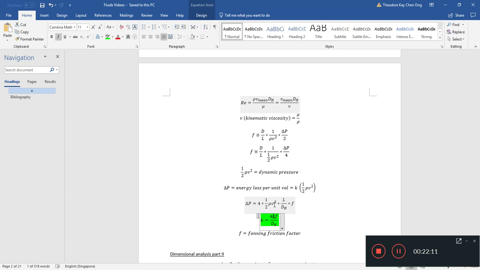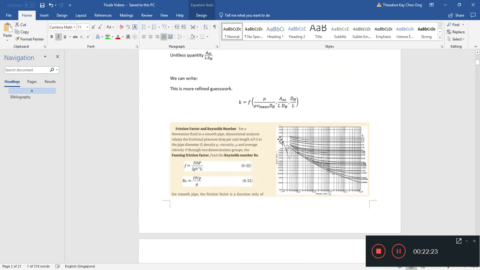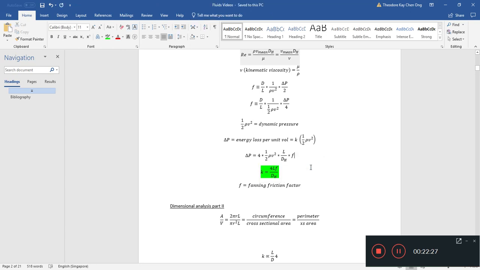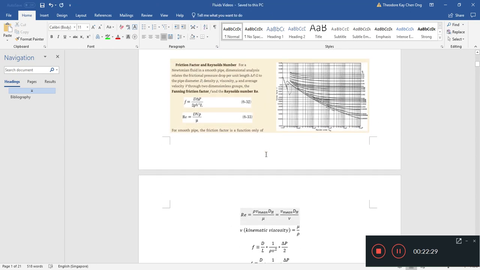The larger hydraulic mean diameter means that the surface to volume ratio is smaller, so that accounts for that. With a larger Fanning friction factor, we will have more loss. All these are found by experiments.